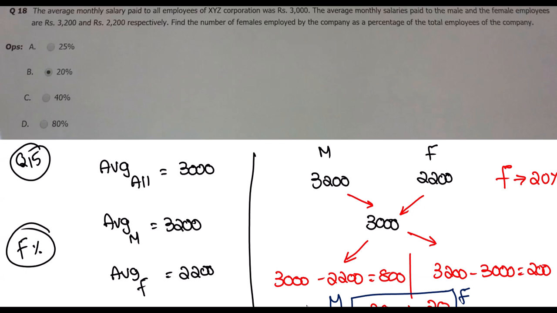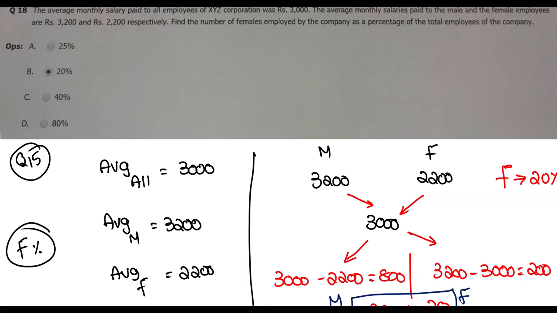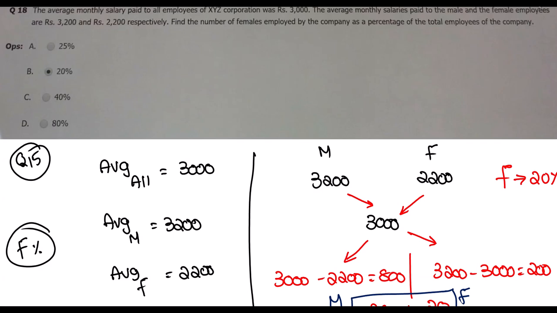Okay, then it's a better thing. We can map. I'm writing this in terms of 80 and 20. 20% females, males are 80%.